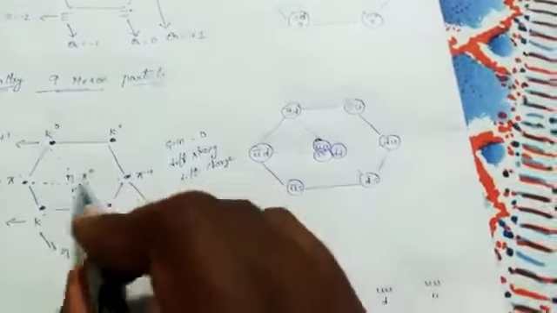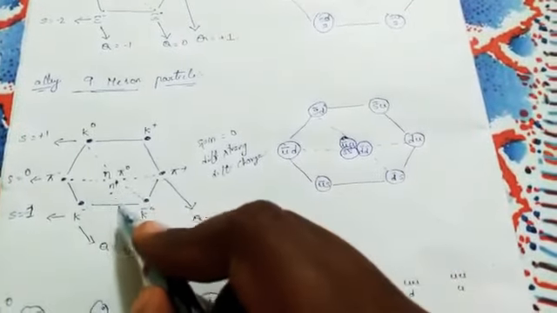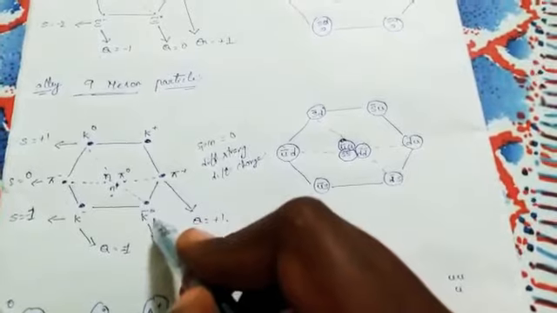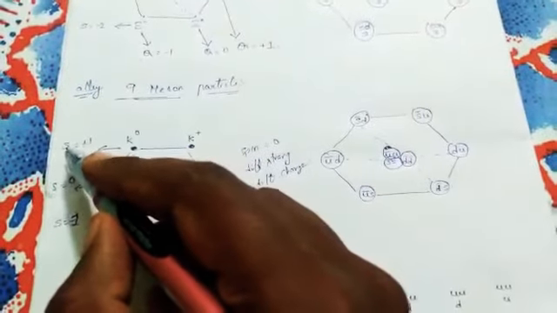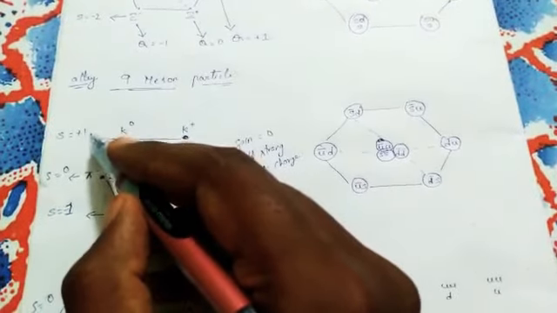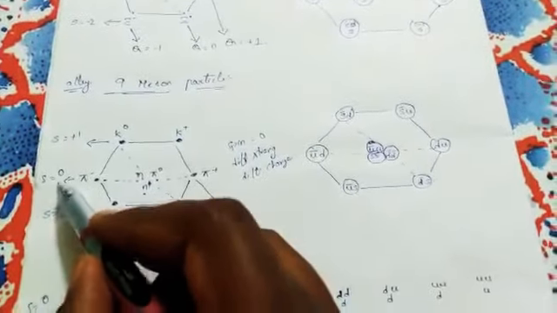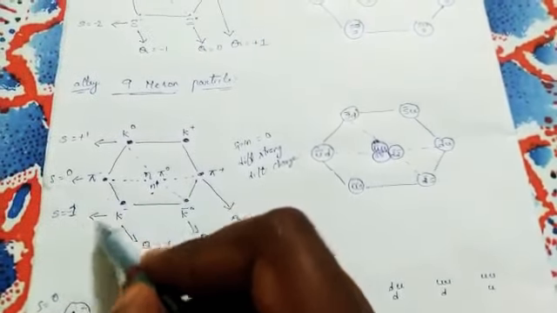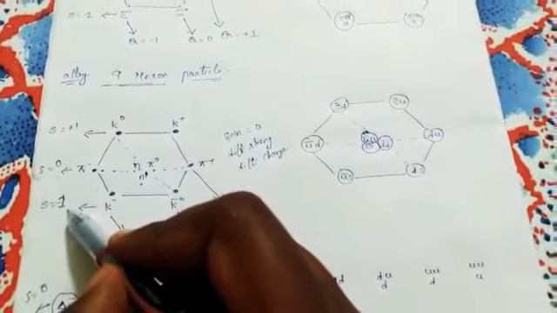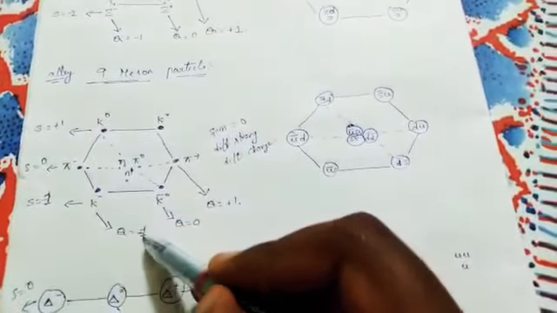And these kaon particles, pion particles, and antikaon particles: the kaons have strangeness equal to +1, the pions have strangeness equal to 0, and the antikaons have strangeness equal to -1 and charge equal to -1.